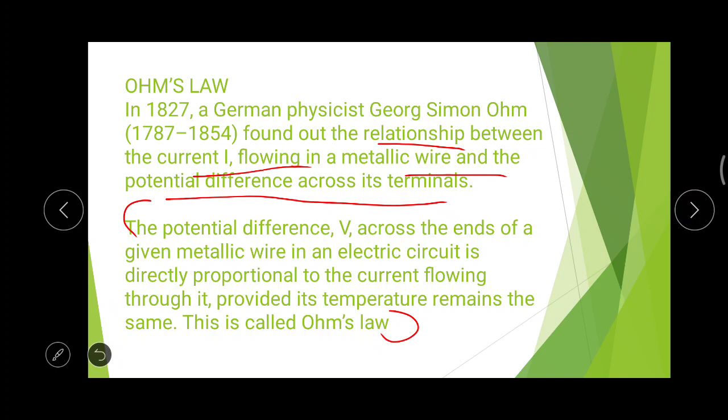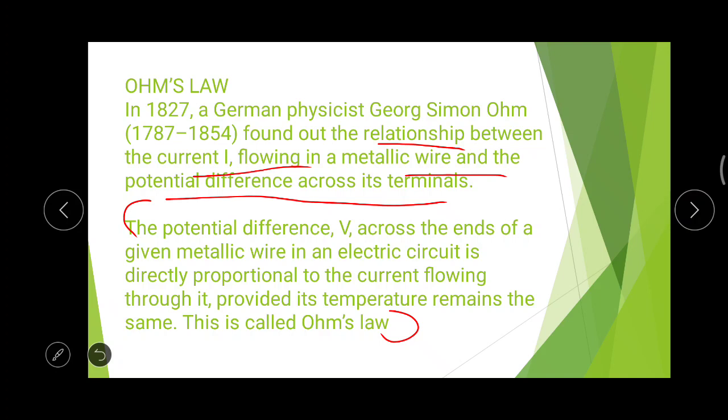So the statement is that the potential difference V across the ends of a given metallic wire in an electric circuit is directly proportional to the current flowing through it. The potential difference between the end points of the conductor is directly proportional to the current flowing through that conductor.